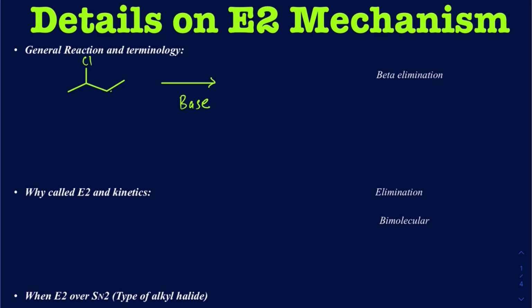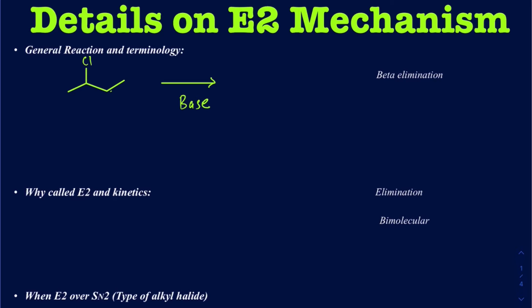Now, which particular proton are you really going to be removing? That's the important thing. There is a term called beta elimination, and you want to make sure you know what your beta protons are in a particular structure. Your beta protons are the protons connected to the adjacent carbon.